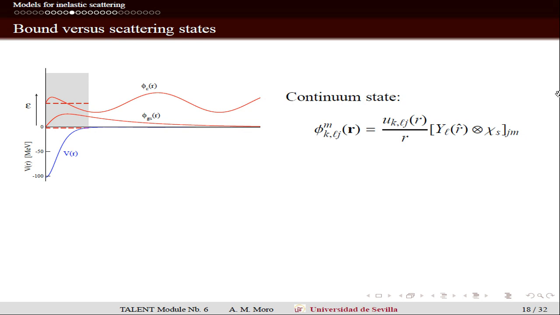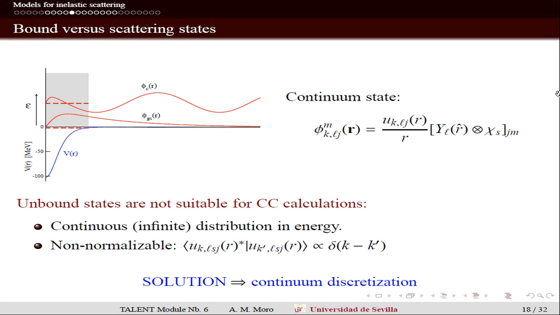This continuum function will oscillate up to infinity, so it will not go to zero, as in the case of the ground state. The fact that it is non-normalizable mathematically is expressed by the fact that the normalization gives something of this kind, a delta function. We don't get 1 or 0.